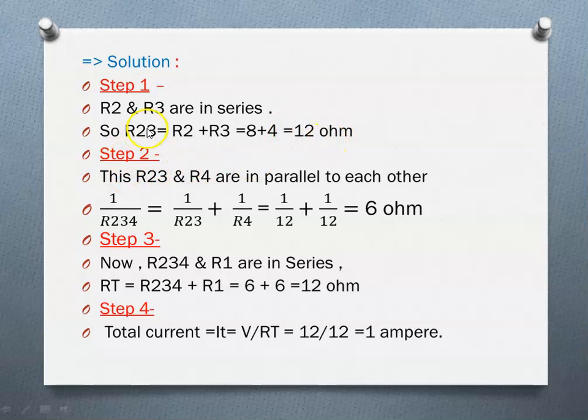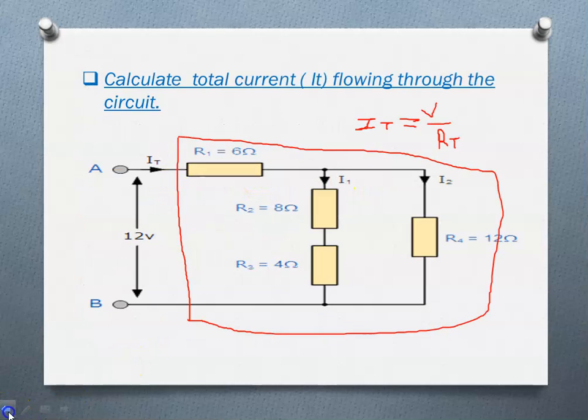Step 2: this R23, which is 12 ohm, and R4 are in parallel to each other. This is the equivalent of R2 and R3, R23, and this is R4. These two are in parallel with each other.